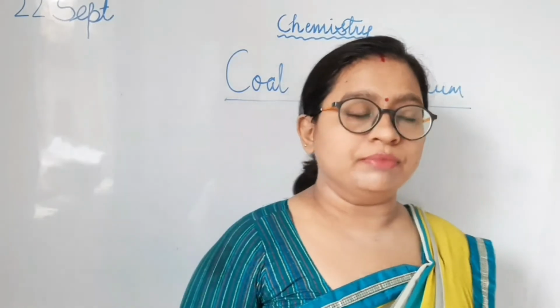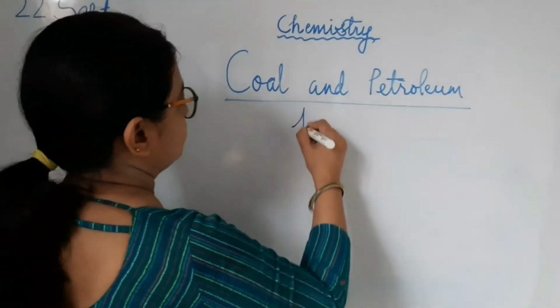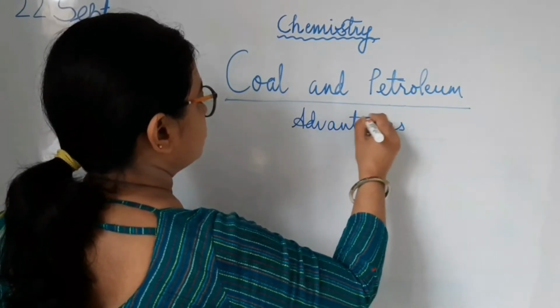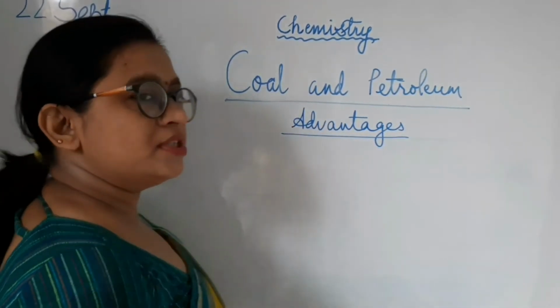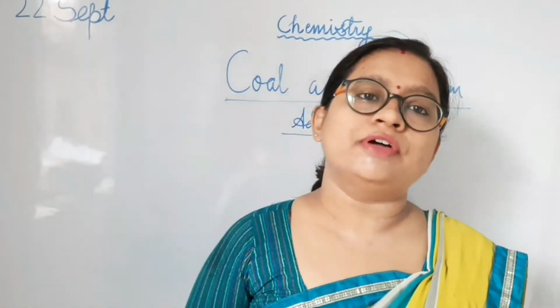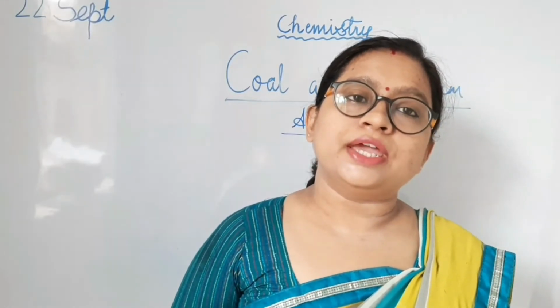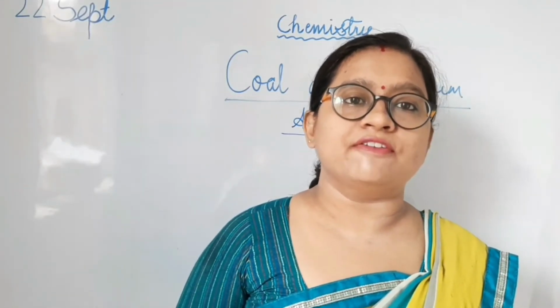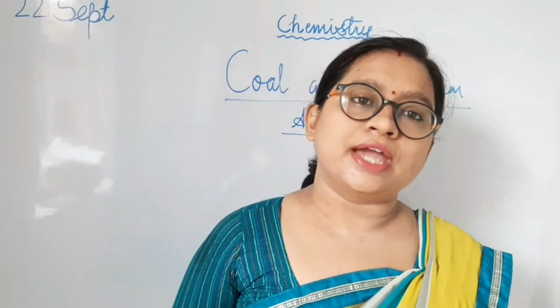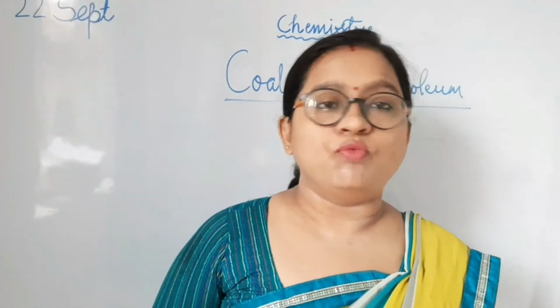Let's first glance at the advantages of coal and petroleum. From the time coal and petroleum were discovered, they have formed the base of our energy needs because they are convenient to use and easily available. Their resources were easily available to us and they could be easily transported and stored in containers.